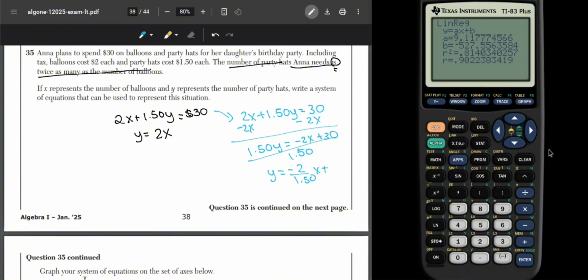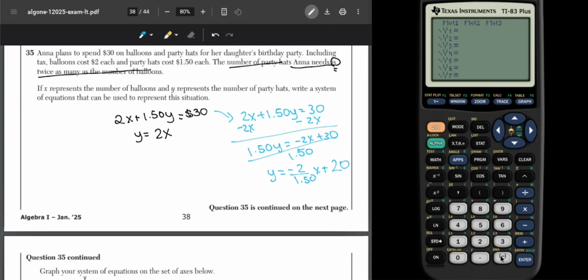30 divided by 1.5, and I'm going to get 20. So plus 20. So now I'm going to go to y equals, and I'm going to put in my equation.